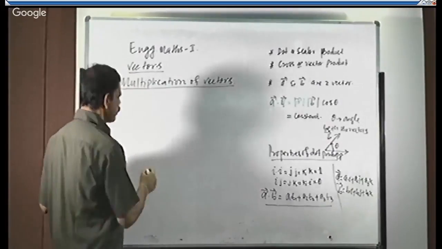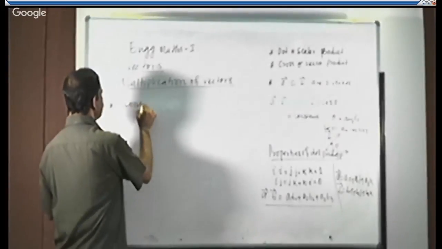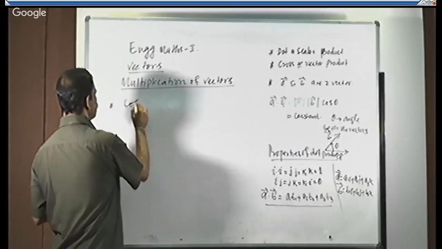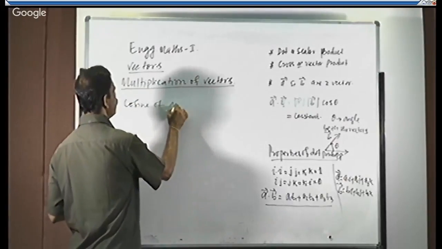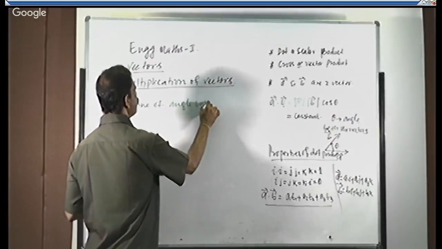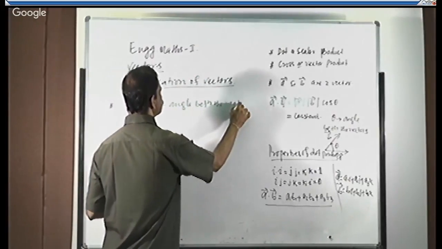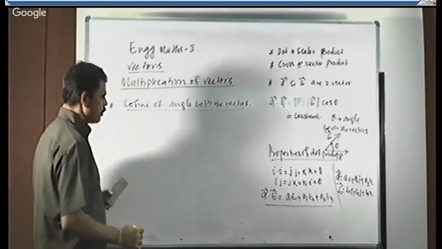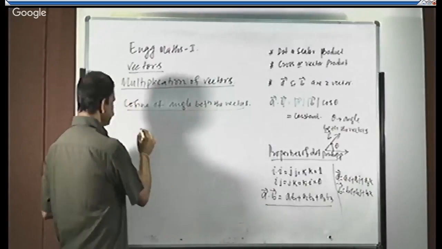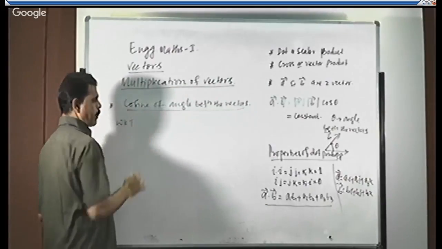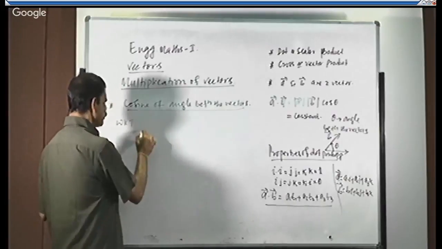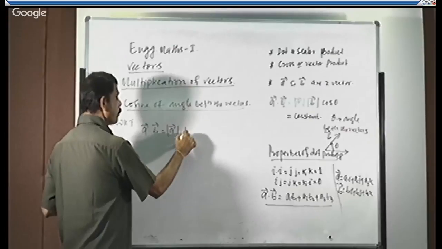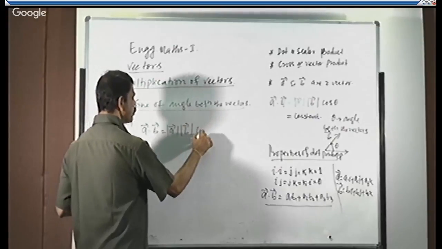The other property is that we can find the cosine of the angle between the vectors. Cosine means cos of the angle between the vectors. Suppose you take the definition of A dot B. What is A dot B? A dot B is equal to magnitude of A, magnitude of B into cos theta, right?